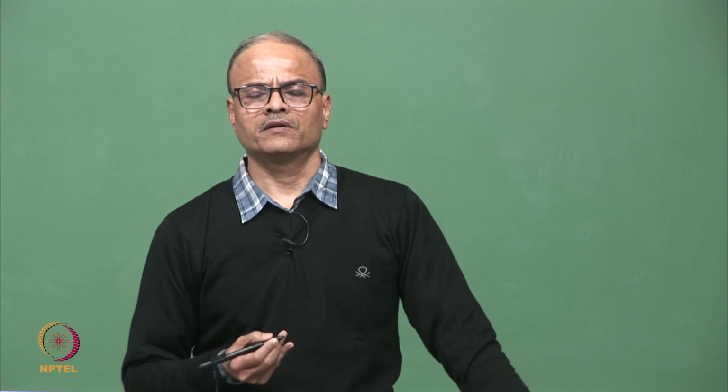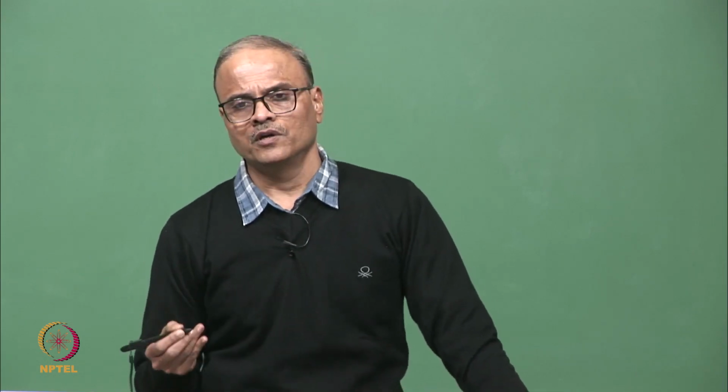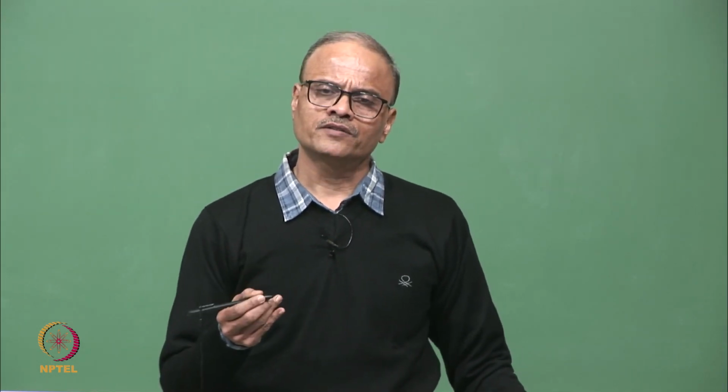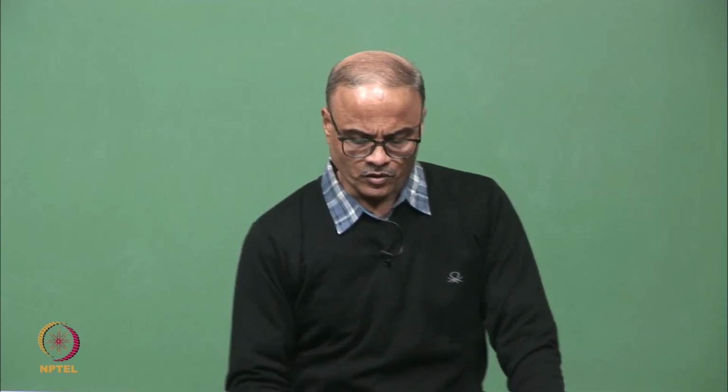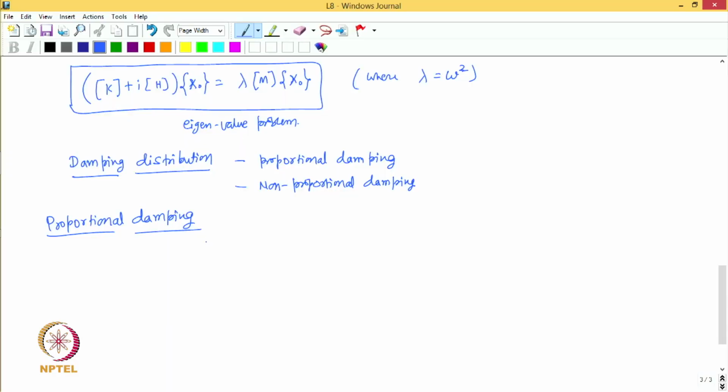So, proportional damping refers to a damping distribution which is proportional to either the mass matrix or the stiffness matrix, or to a linear combination of the two, right. So, if you take a distribution where the damping is proportional to a linear combination, then we can write the damping matrix H as beta k into the stiffness matrix plus beta m times the mass matrix.